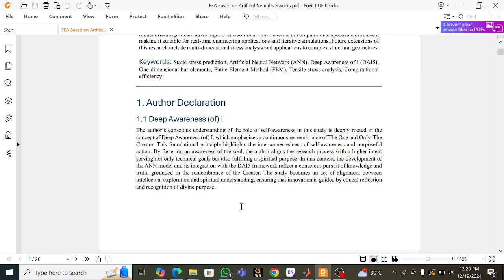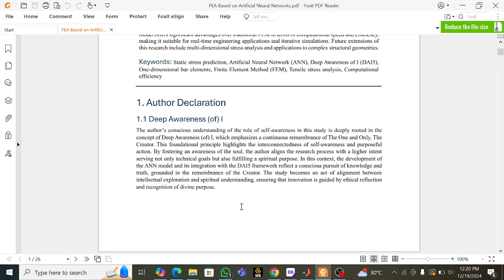By doing so, it will connect our self-awareness and perform actions. It can enrich our knowledge, in technical goals as well as in the spiritual.